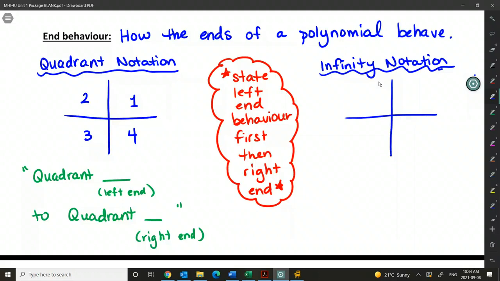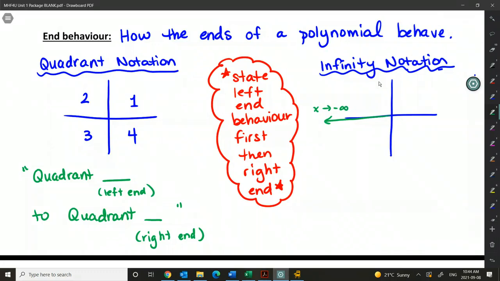Does it go up or down? We can all recognize that. So if I go toward the left on the x-axis, would I be going toward negative infinity or positive infinity? Negative infinity. So if I go toward the left, x is going towards negative infinity.